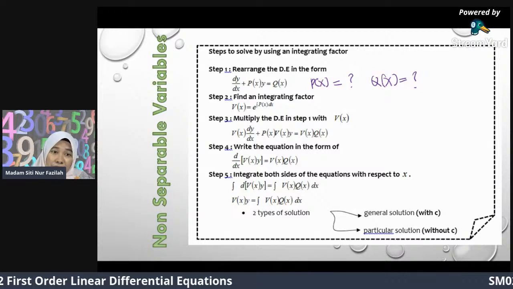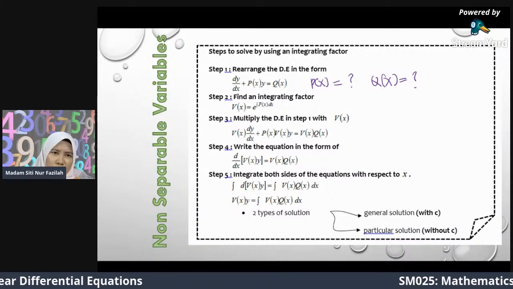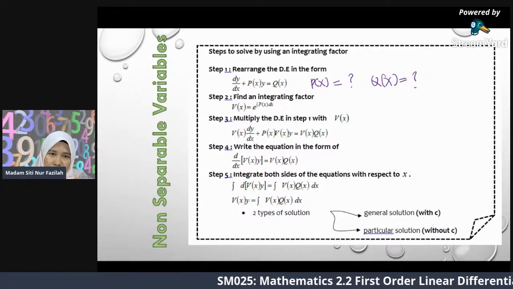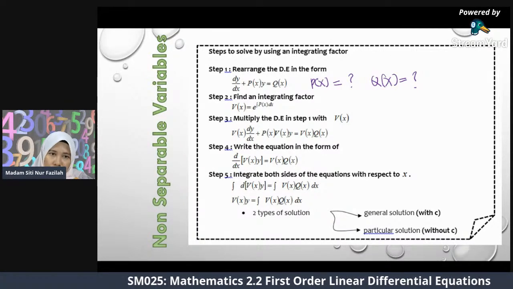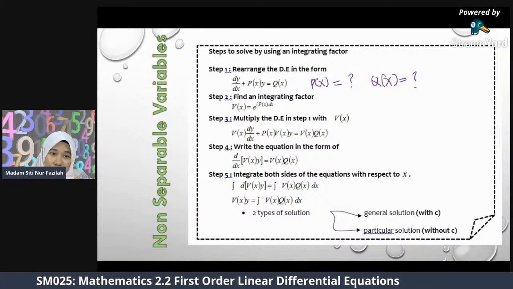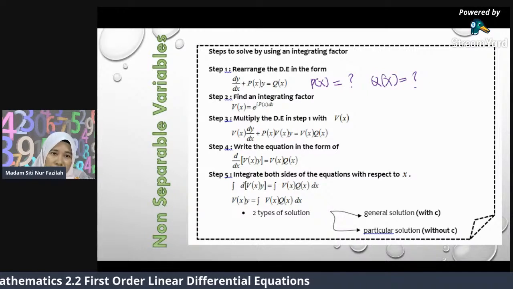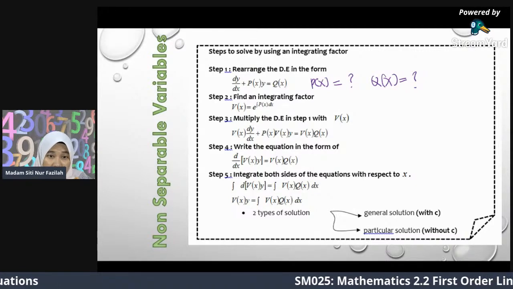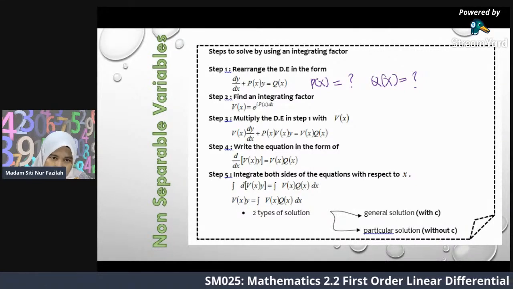Next, for step 3, we need to multiply the DE in step 1 with function V(x). We just rewrite function V(x) multiplied with the DE in step 1.